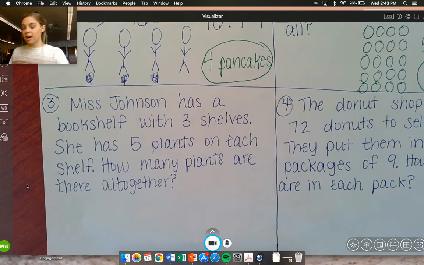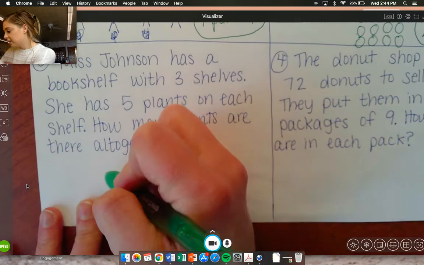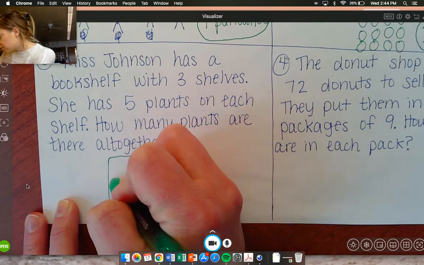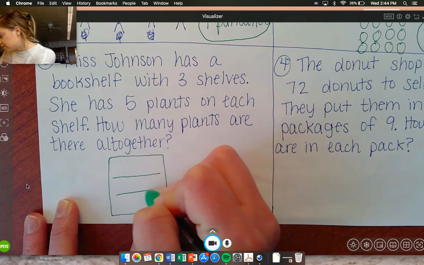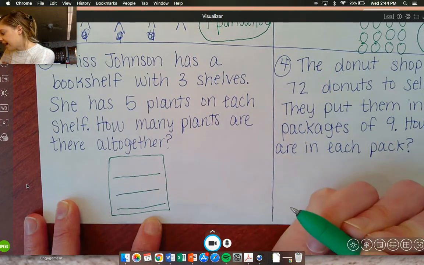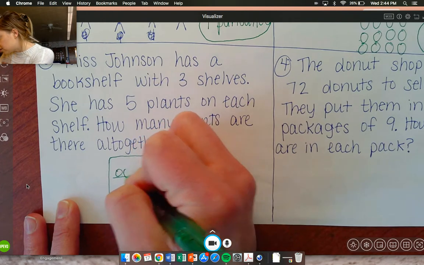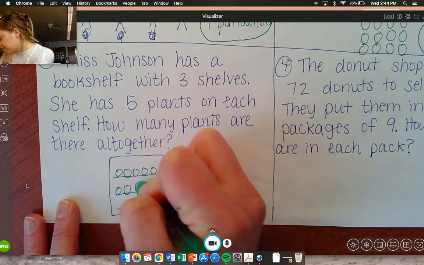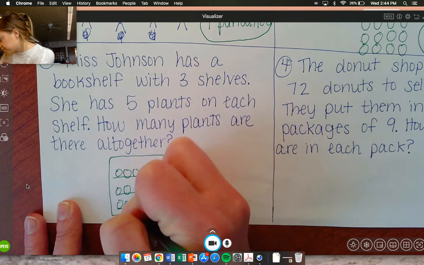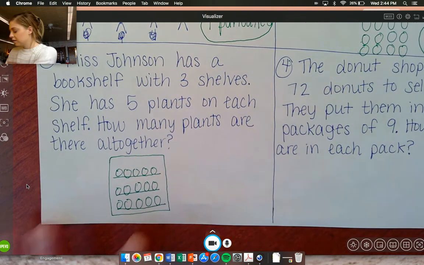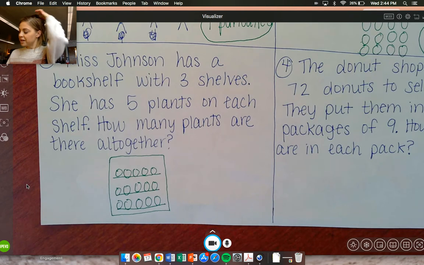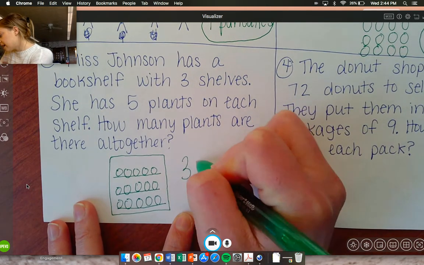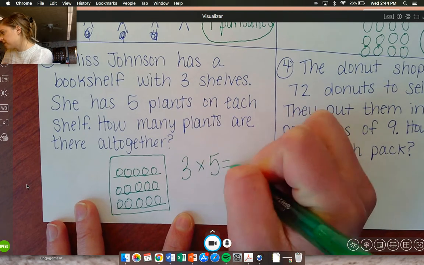So if I was going to draw a picture, I would have a bookshelf here with 3 shelves on it. 1, 2, 3. And I have 5 plants, 1, 2, 3, 4, 5 on each shelf. So that's how I could draw a picture. So I have to do 3 times 5 for 3 groups of 5.